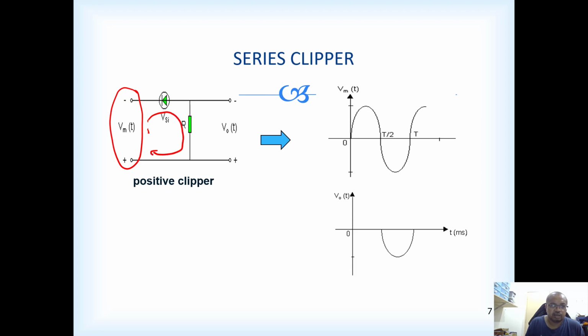Okay, both ways, right? Whether the supply is positive or negative depends on the arrow direction. In this case, negative at the top and positive at the bottom, so the arrow looks like that. So in this case, we are clipping the top part, the positive part.